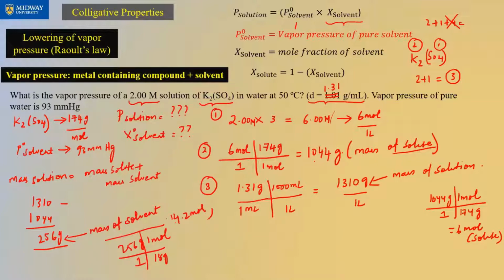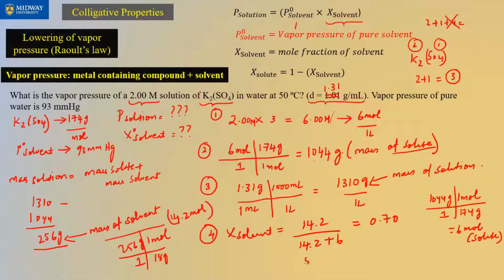Now, how do we find the mole fraction of the solvent, which is step 4? The mole fraction of solvent is 14.2 divided by 14.2 plus 6, which is 0.70.